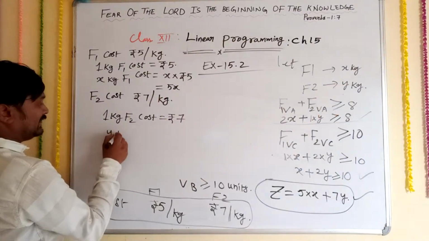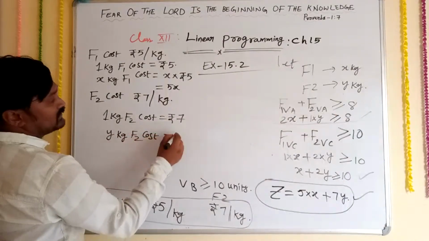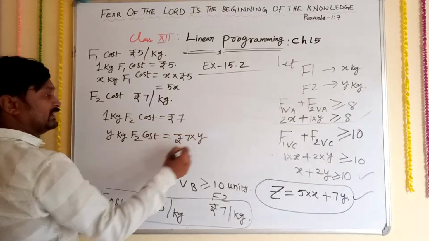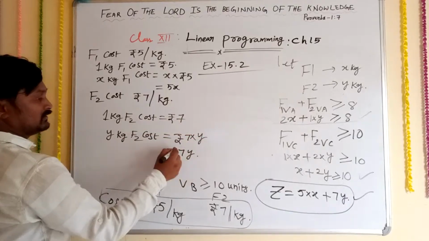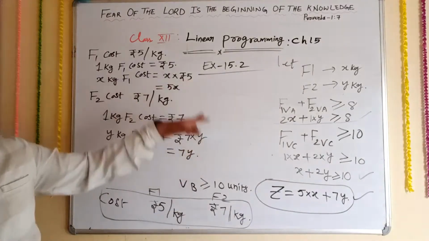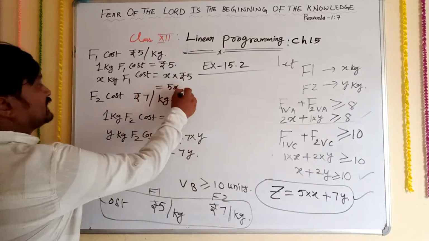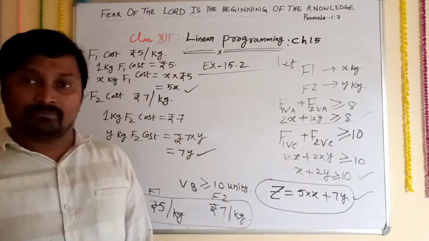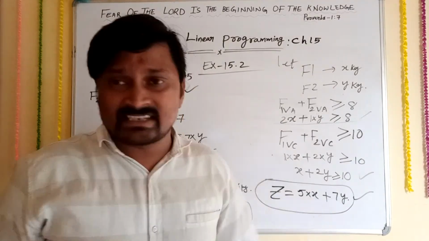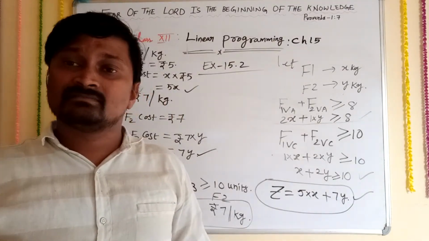So Y kg of food 2 costs rupees 7 multiplied with y, so that's 7y. Clear now? But the total together is nothing but our Z function, that Z is equal to 5x plus 7y. In that way you are going to get Z is equal to 5x plus 7y. Okay? Understood this?